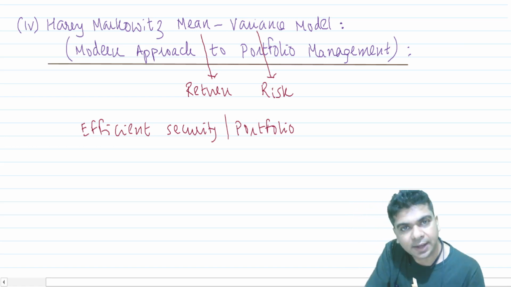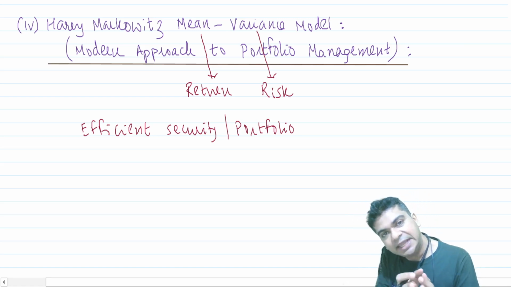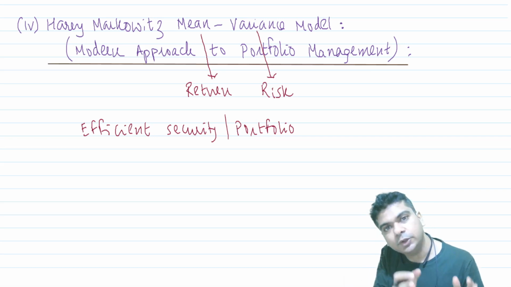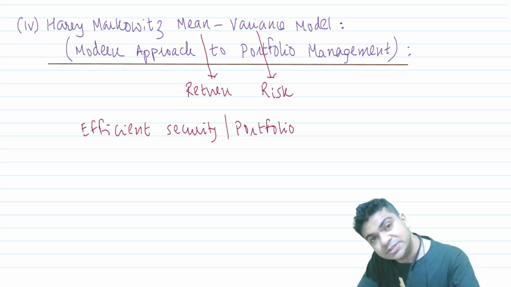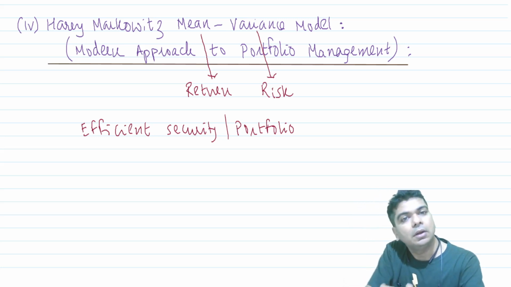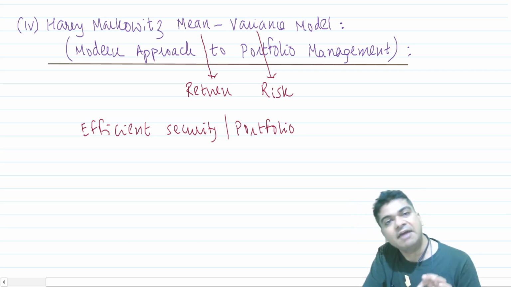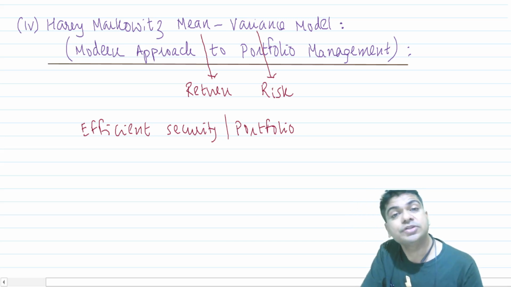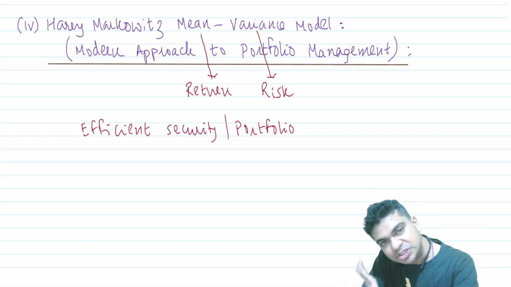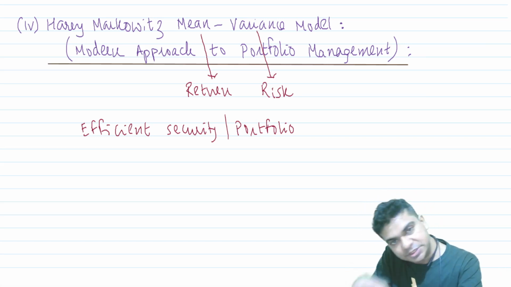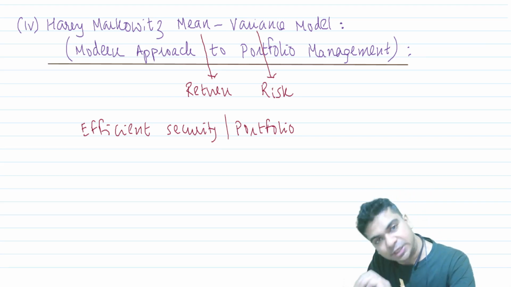Once you have done it, you have to now segregate the selected securities into efficient securities and inefficient securities. So either a security is an efficient security or it is an inefficient security. Inefficient securities will be rejected. I will not invest in inefficient securities. I am interested only in the efficient securities.